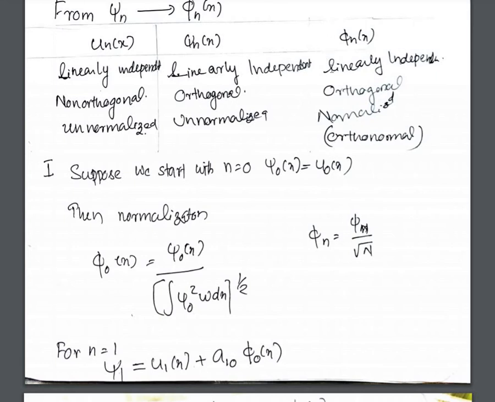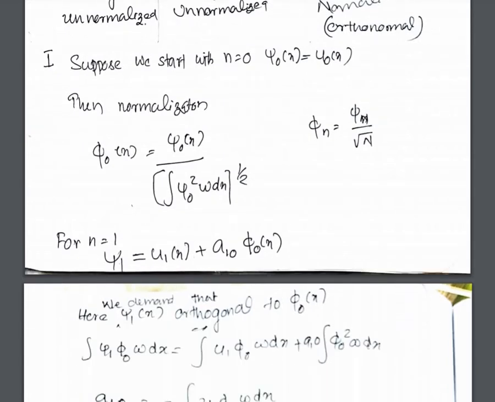Okay. Suppose we start with n is equal to 0. So psi 0 of x is equal to u0 of x. The first function is, sorry, it is an orthogonal function.